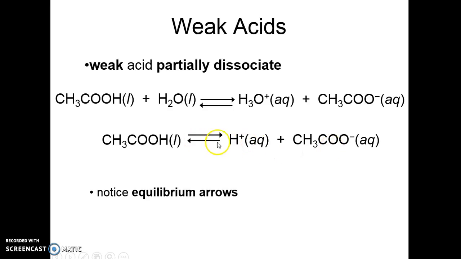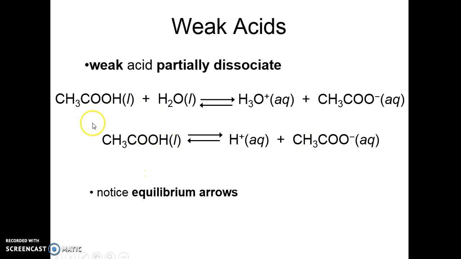But look at the double arrows. The double arrow indicates there's a forward reaction and there's a reverse reaction. So when I put acetic acid in water, some of it breaks apart to protons and acetate, but a lot of it does not. And of course, we have a steady state of it breaking apart and going back together again.